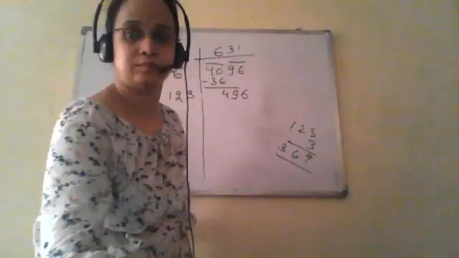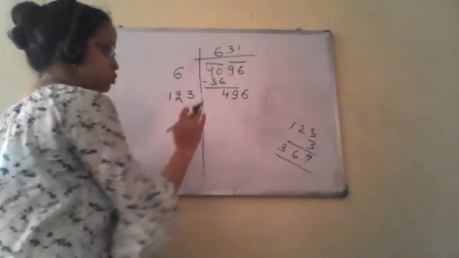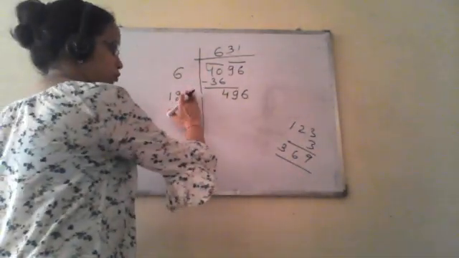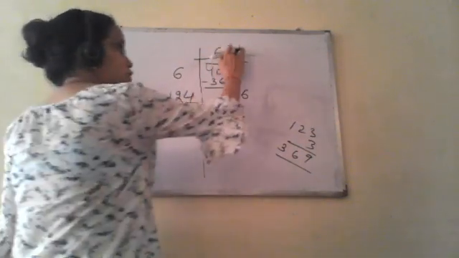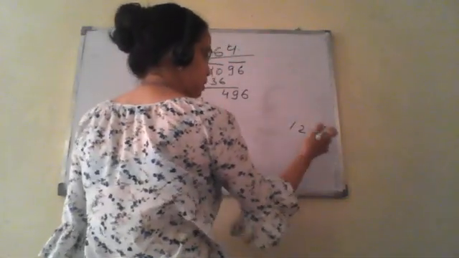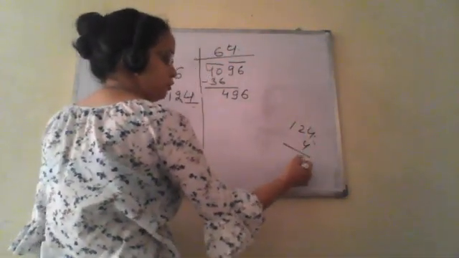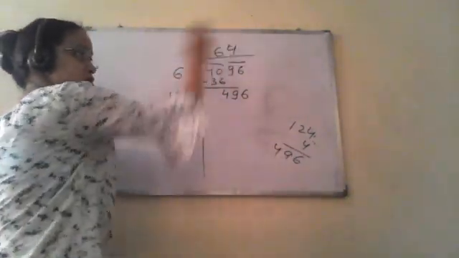Okay, again this is 369, which is still less. So we'll proceed with the next number, that is 4. We have to put the same digit here. Now if we multiply 124 by 4, we get 496. So we will put this number over here.